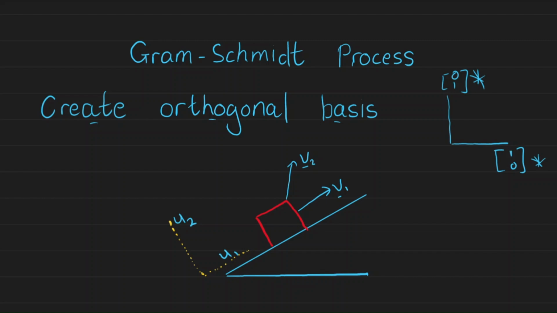Firstly, we'll have two coordinate systems for v1 and v2. We'll say that v1 is equal to (3, 4), and we'll say that v2 is equal to (5, 1). So the Gram-Schmidt process would be described as finding u1 and u2 given v1 and v2.